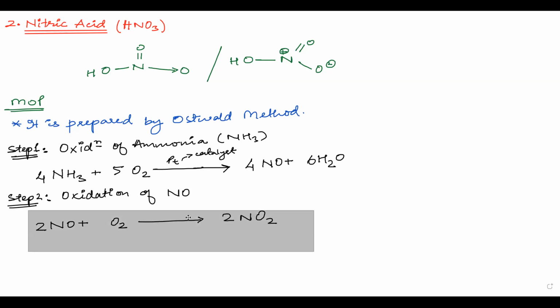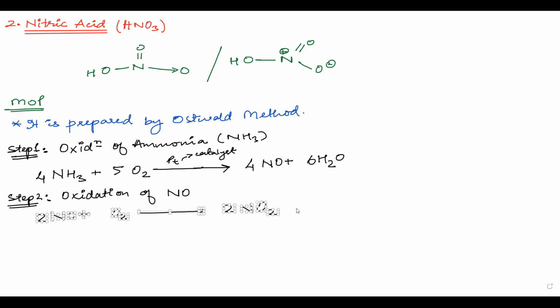Now we need one hydrogen and one more oxygen. Can somebody tell me a very easy, very popular, very common molecule which has both oxygen and hydrogen? Yes, very good, H2O. So we will hydrolyze this. Step 3 is hydrolysis of NO2.